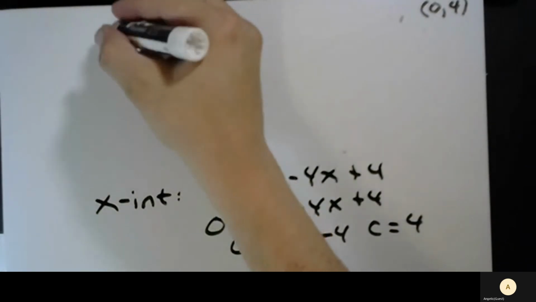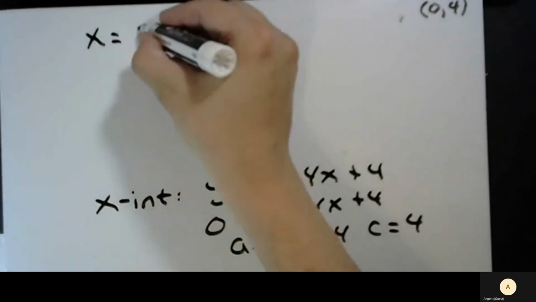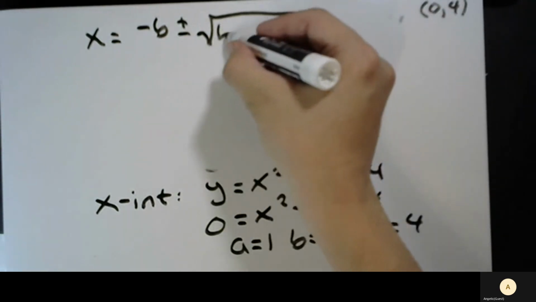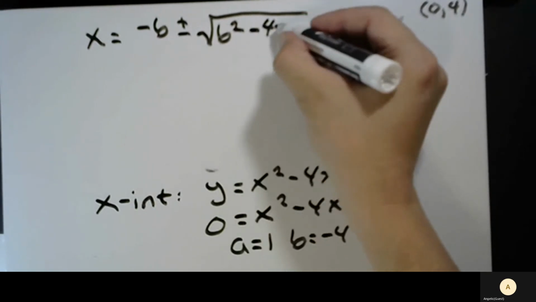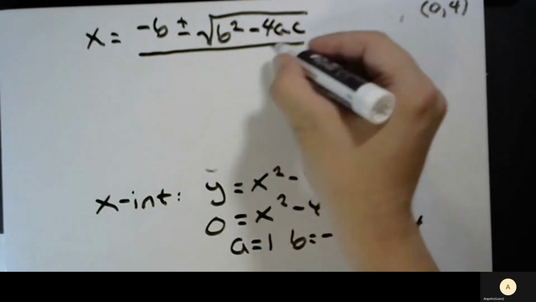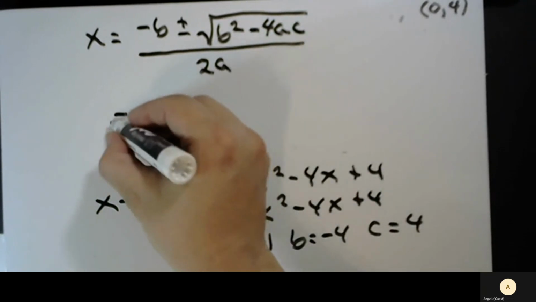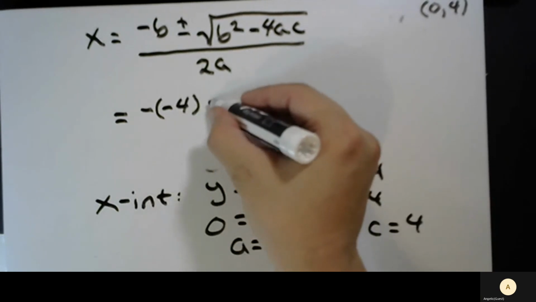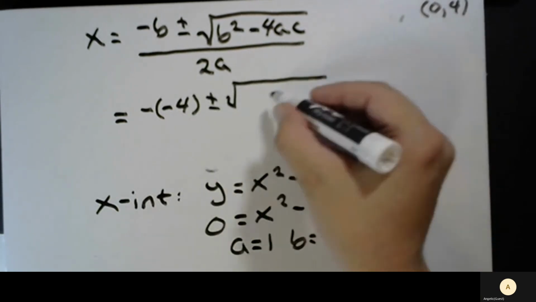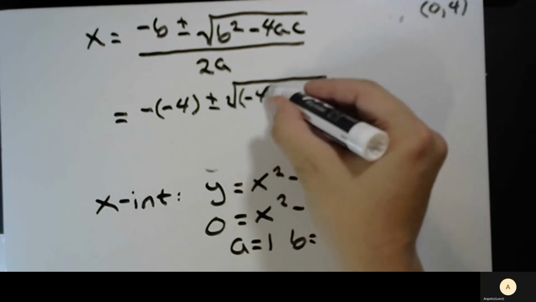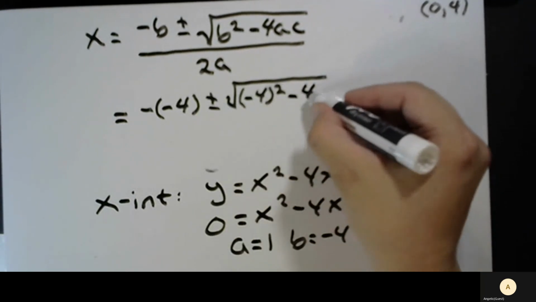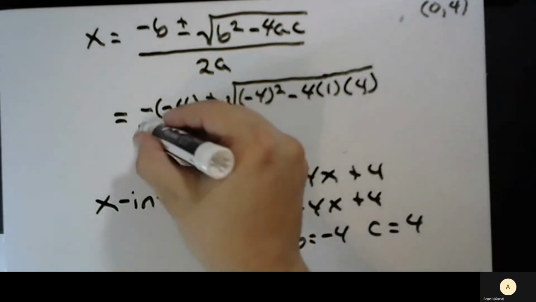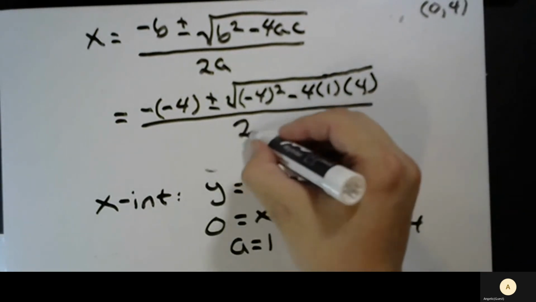So once again, x is -b plus or minus the square root of b squared minus 4ac, divided by 2a, over -4 plus or minus the square root of -4 squared minus 4 times 1 times 4, divided by 2 times 1.